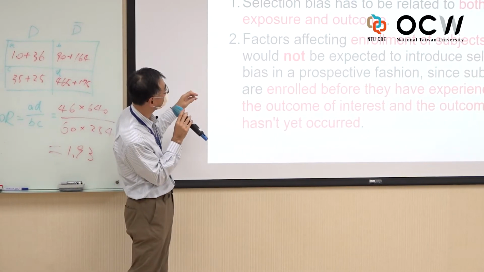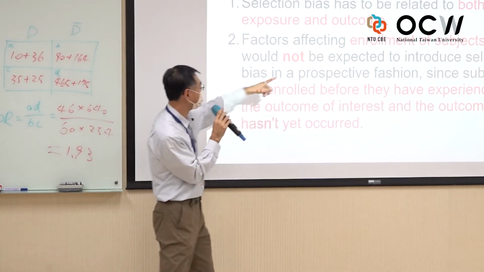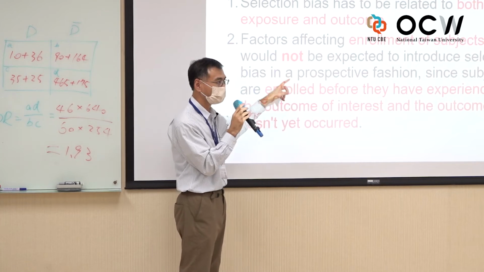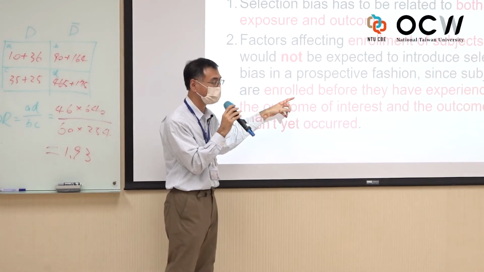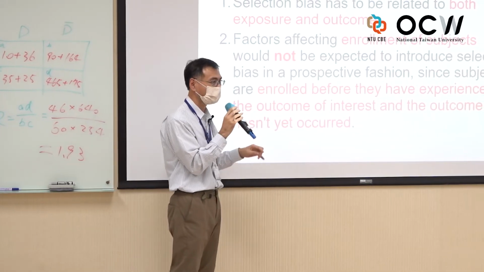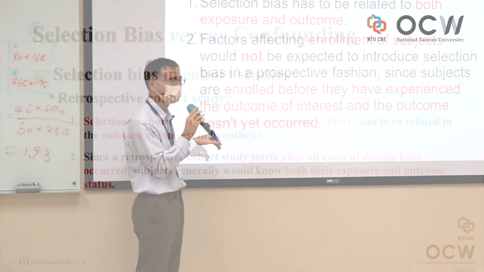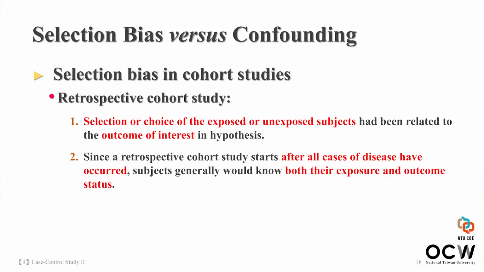You just need to know that it could be very complicated for the prospective design. If it's a prospective study, it's not so straightforward because when they are exposed to something, the outcome hasn't occurred yet. It's a little bit philosophy, right? But if it's a retrospective cohort study, it'll be something more available when you're doing the research with an existing data set, like national health insurance.